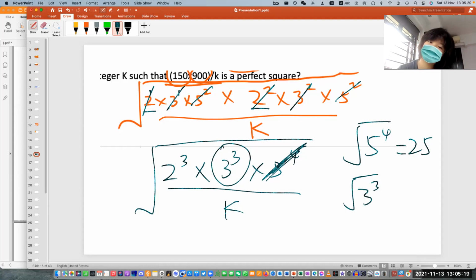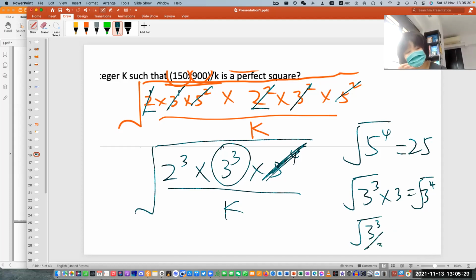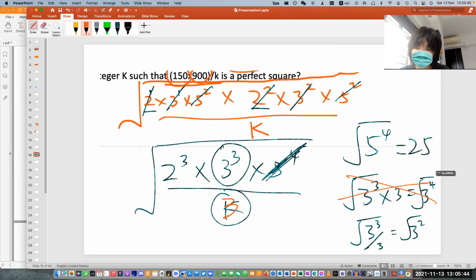So you can either times a 3 so that you have square root of 3 to the power 4, or you can actually divide by a 3. So which one do you choose? Over here it says divide, right? The k is below, so you cannot times. So you can divide by a 3. Okay?